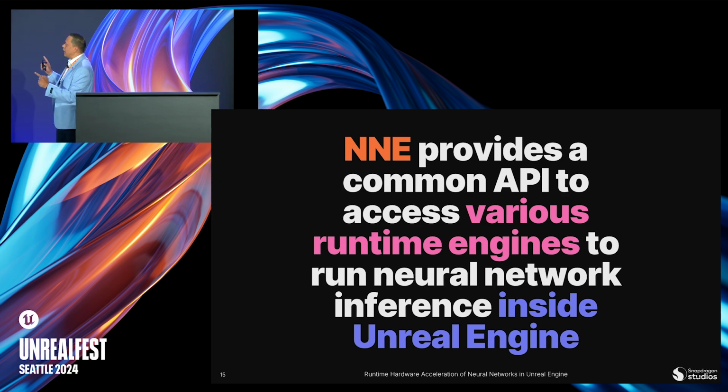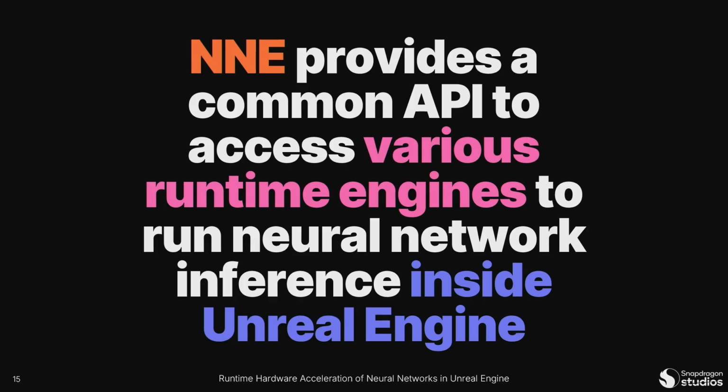It's not highlighted here, but the keyword here is common API. That is important because it uses the same set of instructions to load the model and run the model, no matter the details of the implementation of the target platform.